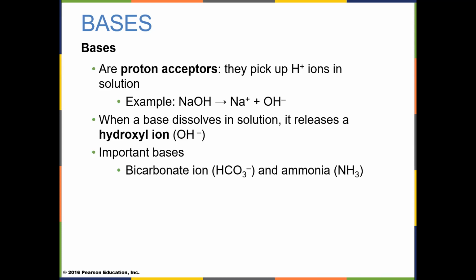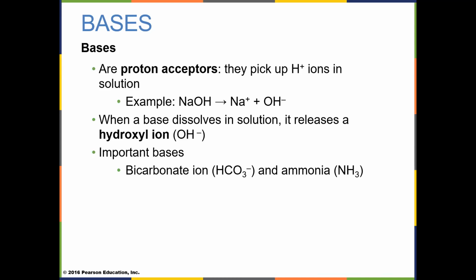When sodium hydroxide dissociates, you get the hydroxyl ion. The hydroxyl ion accepts a hydrogen ion, a proton. So when a base goes into solution, it accepts all these hydrogen ions and ends up making water.